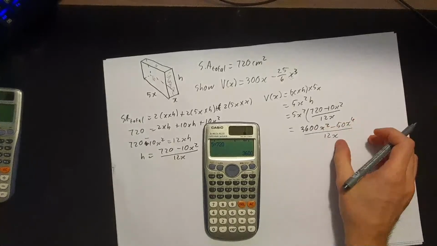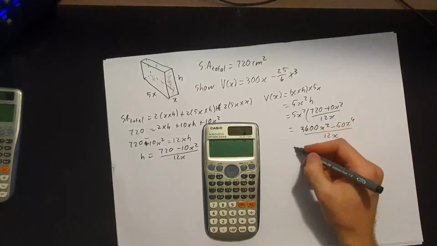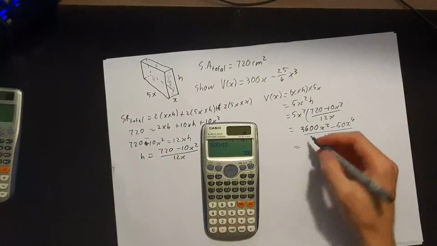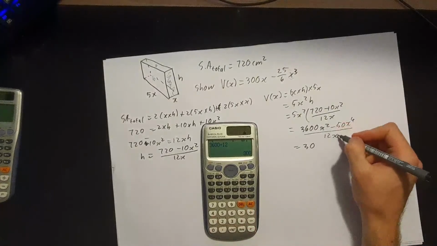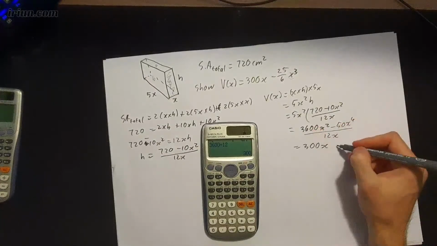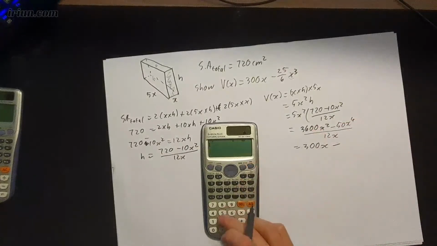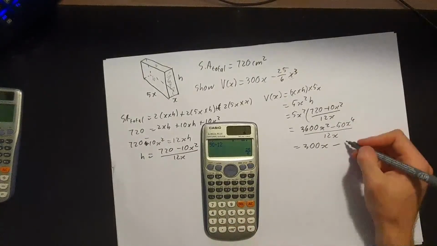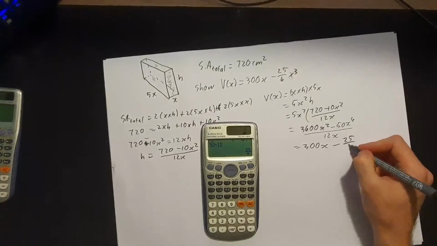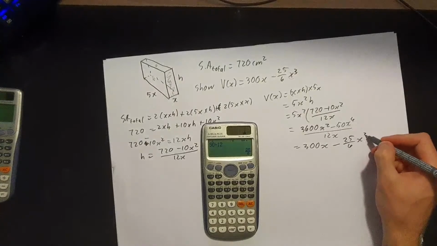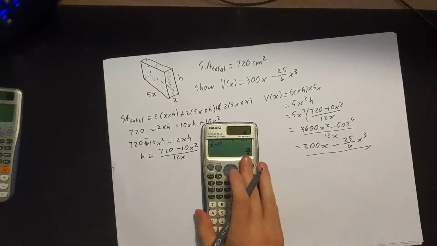Now I can split this into two fractions. 3,600 divided by 12 is 300, and x squared divided by x is just x. Then 50 divided by 12 is 25 over 6, and x to the 4 over x is x cubed. And then we get the equation there.